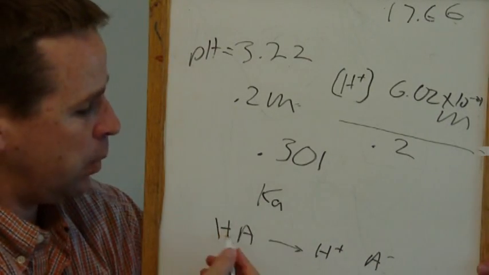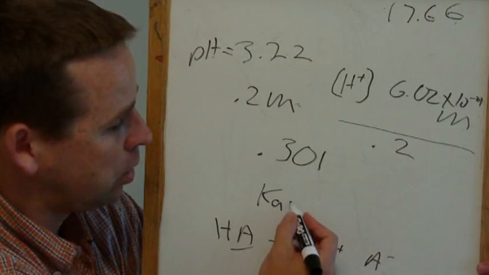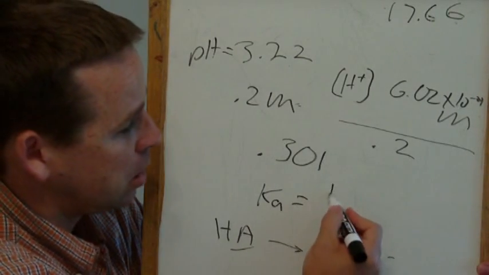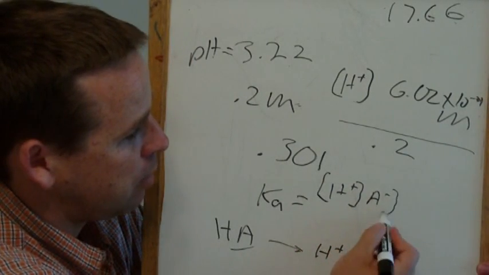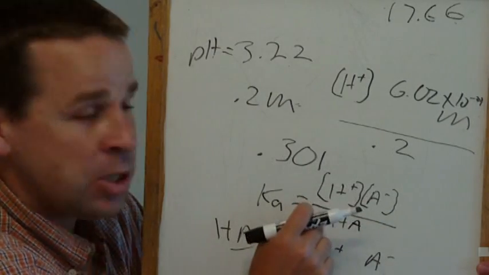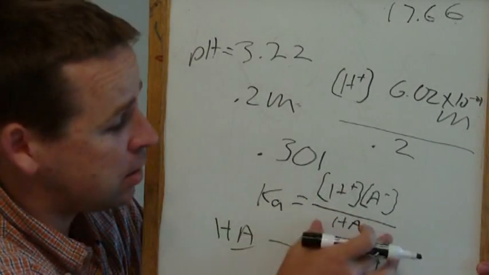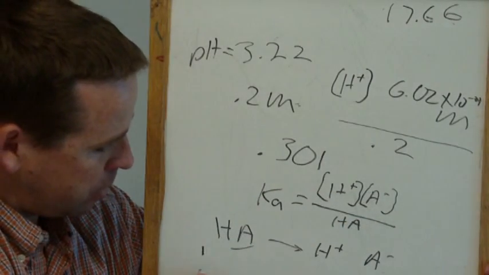Correct? And we know the initial concentration here of the HA that we put into solution was 0.2. So the Ka for this is the concentration of the H plus times the concentration of the A minus over the concentration of HA. Well, this isn't initially, this is at equilibrium, right? So we can do a little ICE table here.